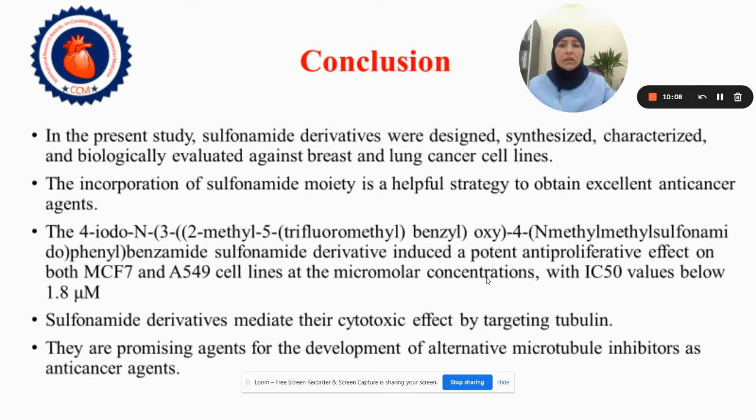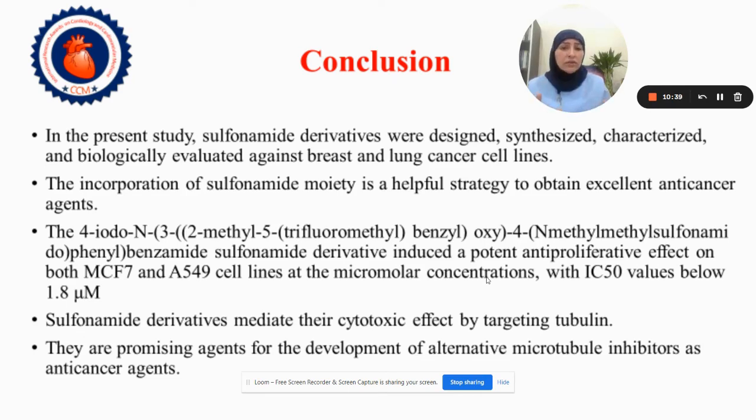So here I can conclude that in this present study, sulfonamide derivatives were designed, synthesized, characterized, and biologically evaluated against breast and lung cancer cell lines. The incorporation of the sulfonamide moiety is a helpful strategy to obtain new excellent anti-cancer agents targeting tubulin.